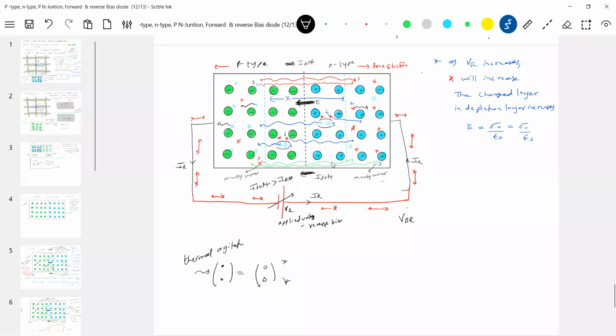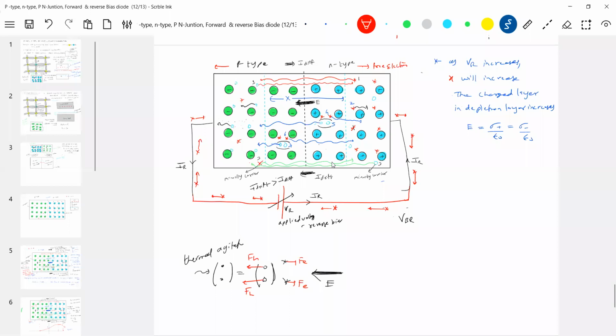Now there's an electrostatic field. How is this electrostatic field acting in this direction? It will exert a force towards the right on the electron. So this electron will experience a force in this direction. What about the hole? The hole will experience a force like this.